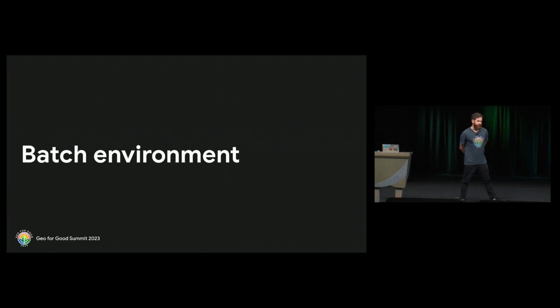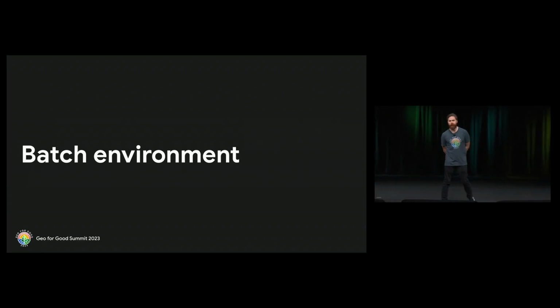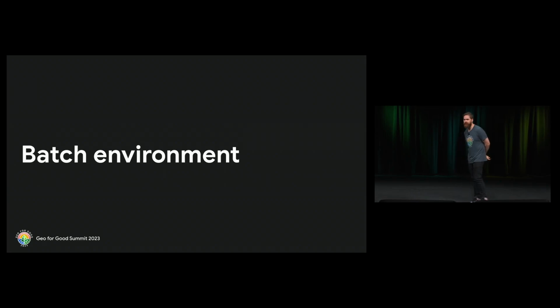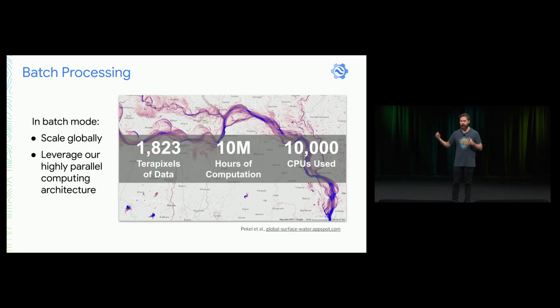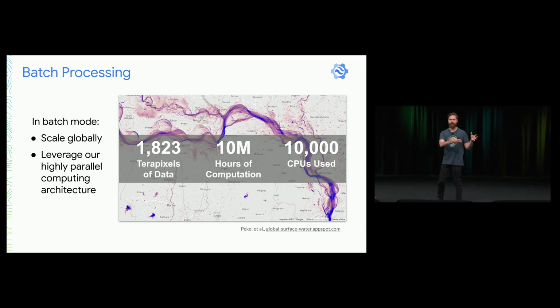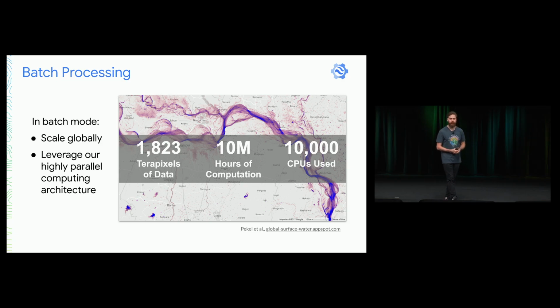The batch environment. Batch is completely differently shaped. We talked about data ingestion, waiting for large tasks to get in. We mentioned some limits around those tasks and the idea of scheduling tasks, and there's a queue. The batch environment is designed to move a lot of information out of Earth Engine, or for processes that take a really long time, even if at the end there's only a number.